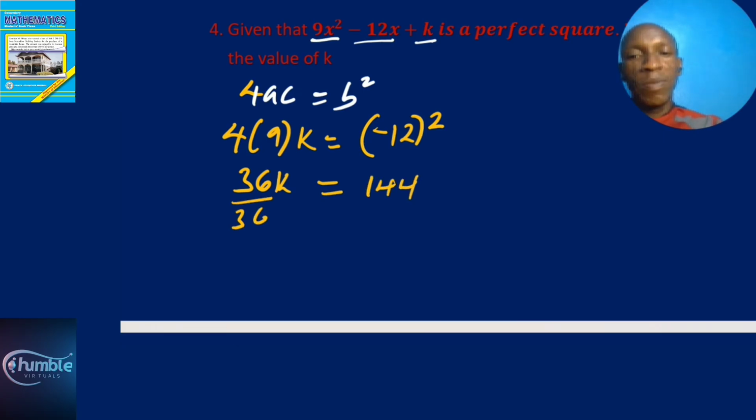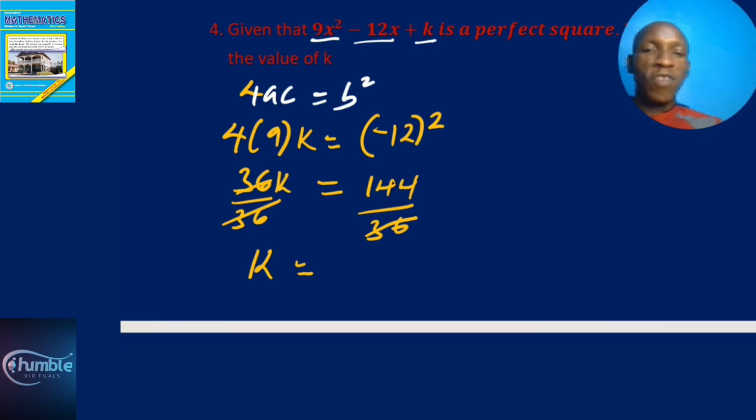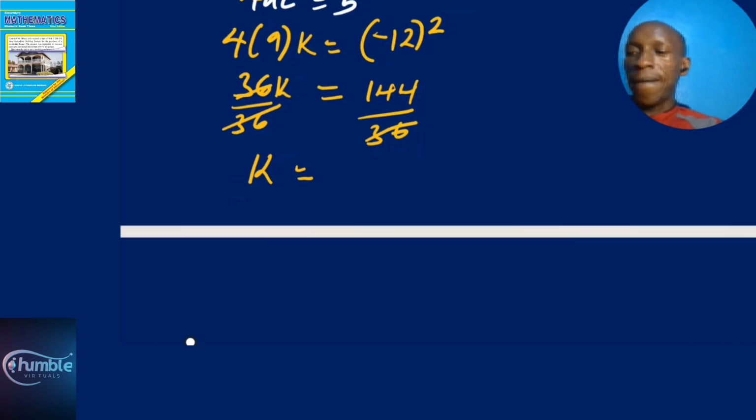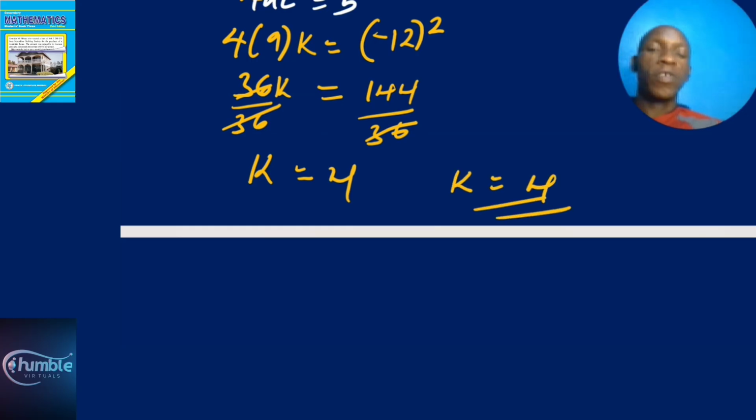So therefore, divide both sides by 36. So k alone is 144 divided by 36, and this one gives you 4. So therefore k is equal to 4.